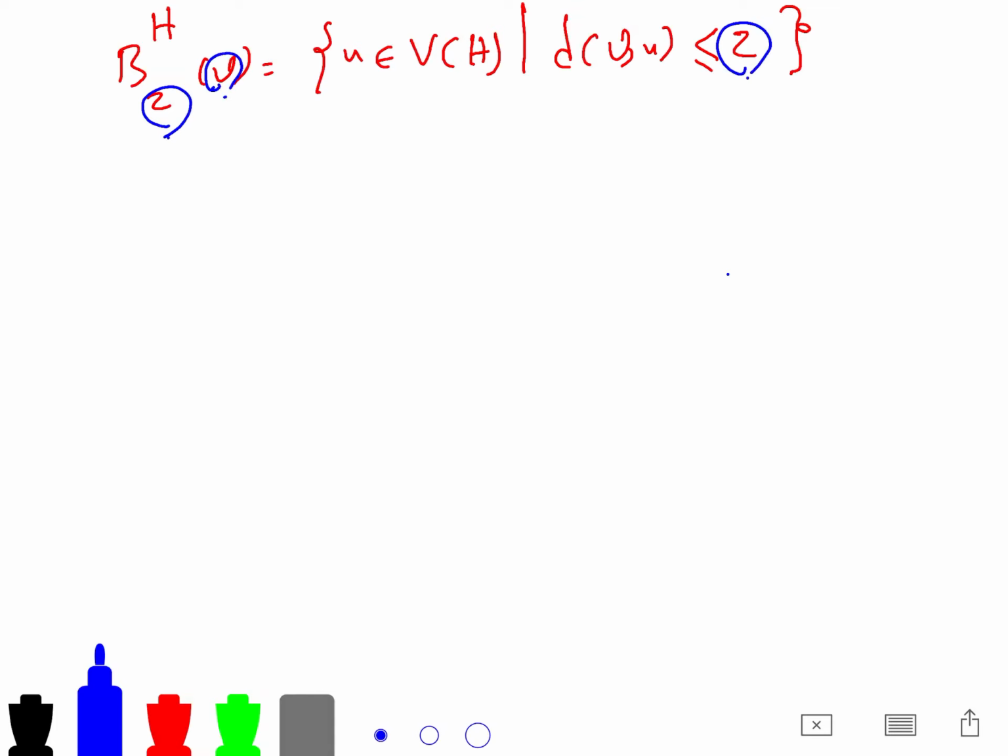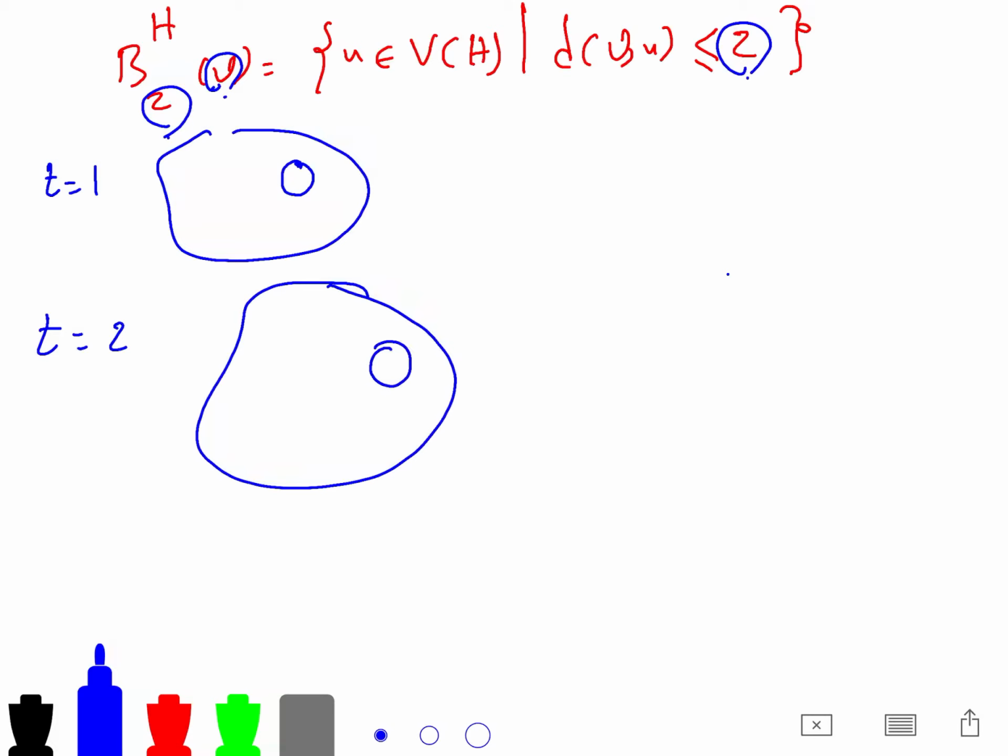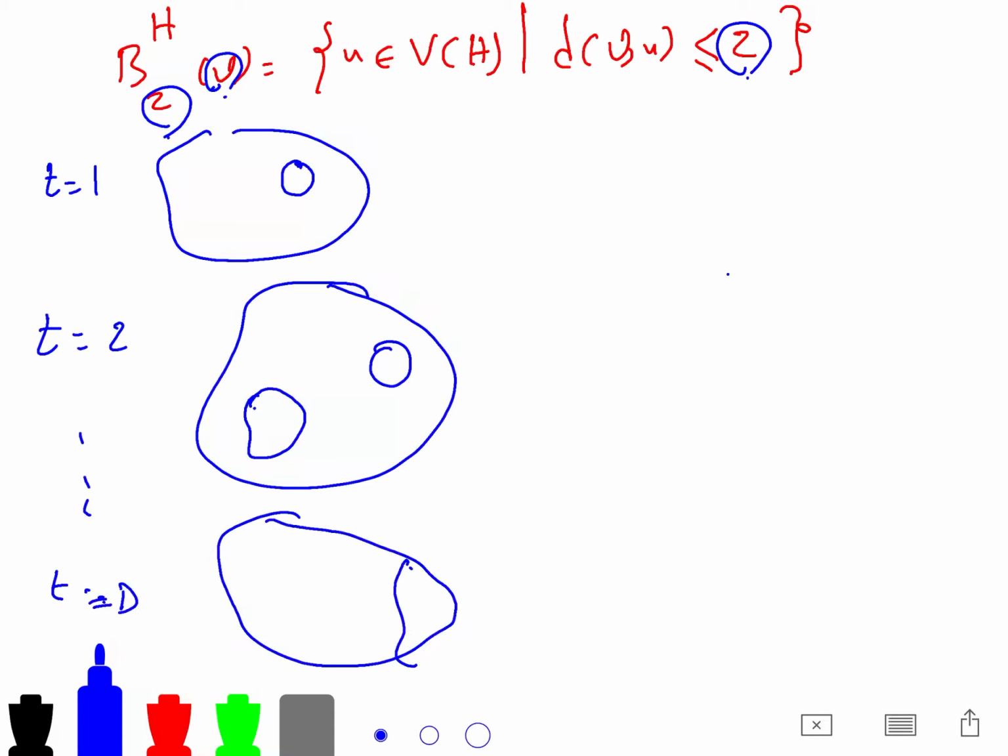And we construct one cluster of the partition at each stage. For example, at stage T equal to 1, we create only one cluster. At stage T equal to 2, we create another cluster, until the last stage, T equal to D, when everything is partitioned.